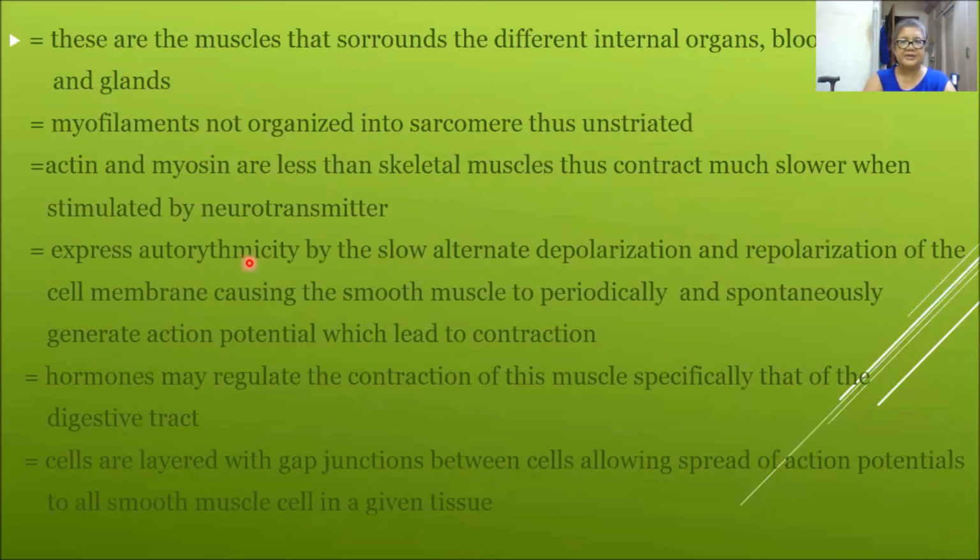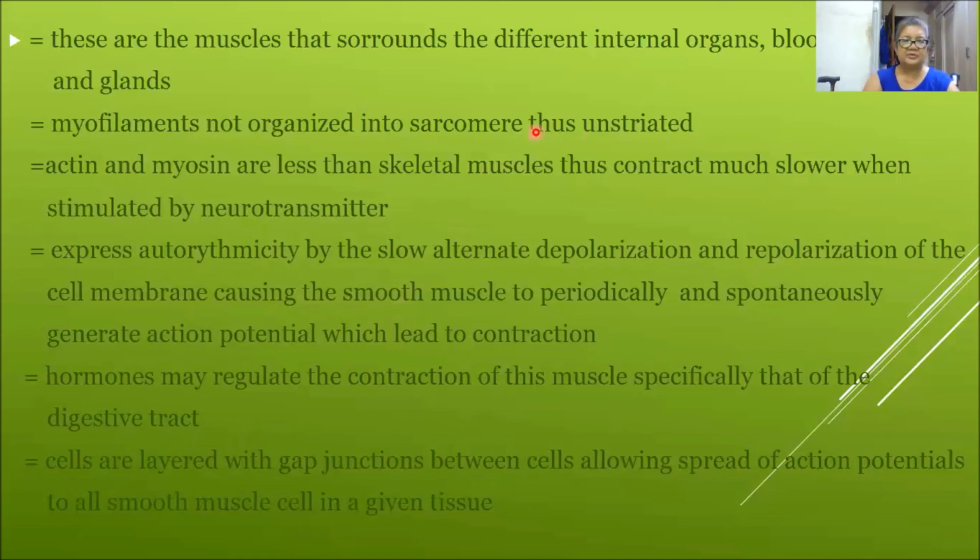Now, these are the muscles that surround the different internal organs, the blood vessels and glands, your smooth muscle. And the myofilaments are not organized into sarcomeres, so it is unstriated. Actin and myosin are less than in skeletal muscle, thus it contracts much slower when stimulated by a neurotransmitter.